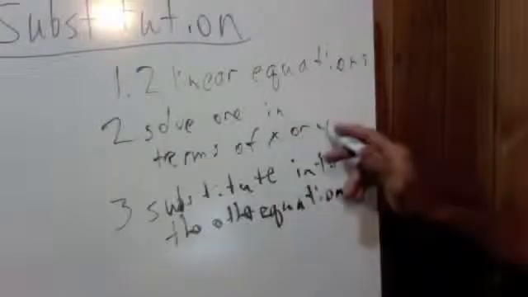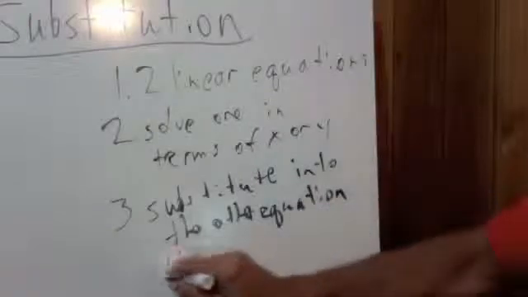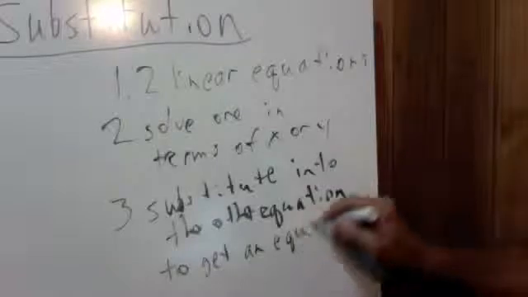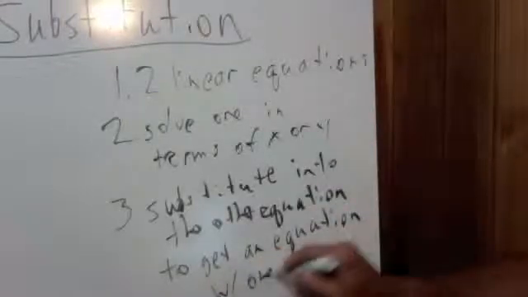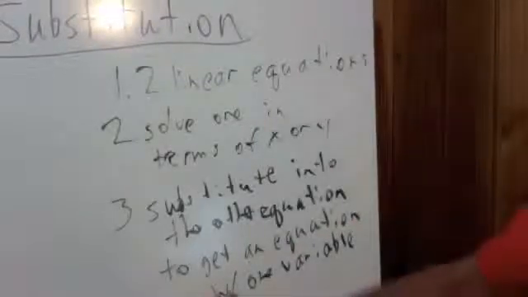If you had it in terms of y, you substitute it in for y, to get an equation with just one variable. And then you're going to solve it.